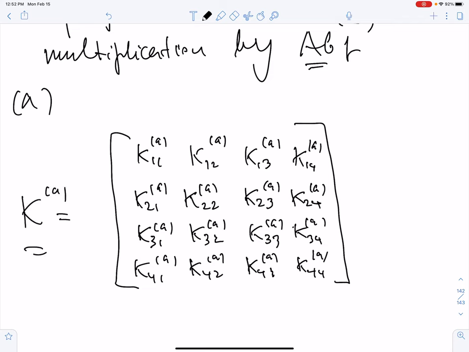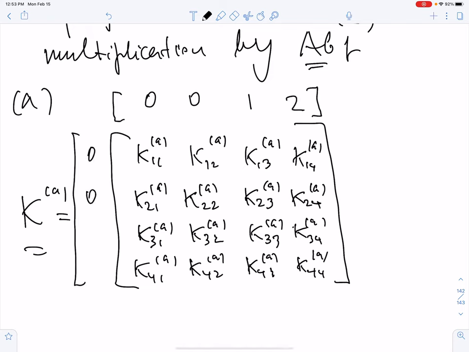Next, I'm going to take the ID array I just computed, and I'm going to put it on top, and I'm going to put it on the side of the matrix: 0, 0, 1, 2. This is the ID of element A. So next thing we notice, the entries corresponding to IDs of 0, row or column, will not contribute to the global stiffness matrix, as I said.